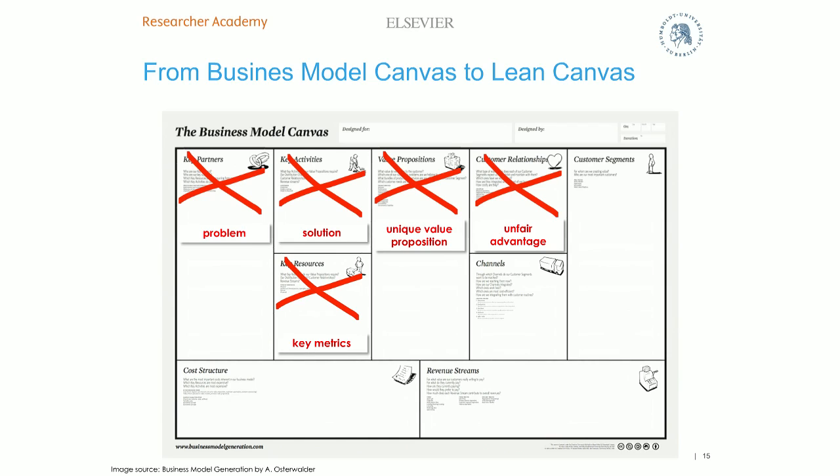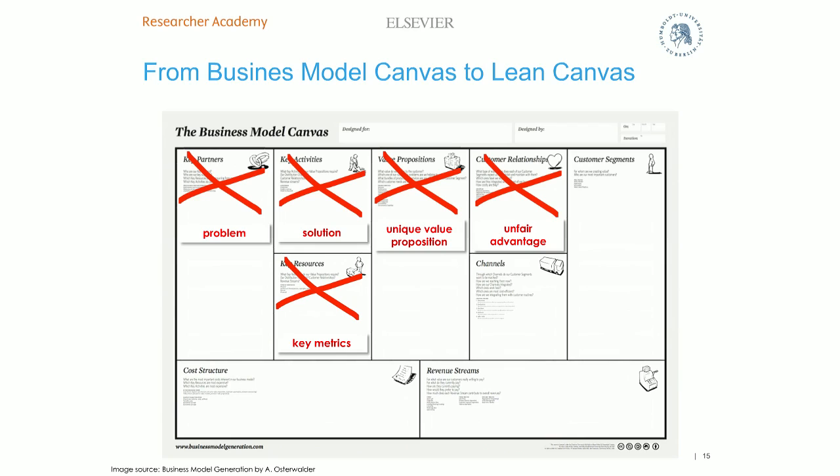So this is corresponding to what I've shown you between the classical approach and the lean startup business model. You have seen there that the partners have not been in consideration, as well as their resources and so on. So this is implemented in the canvas as well.